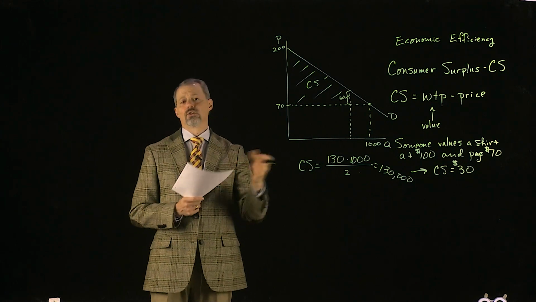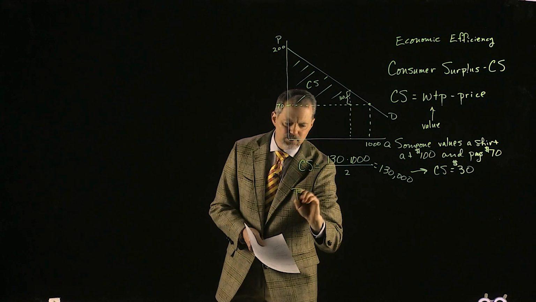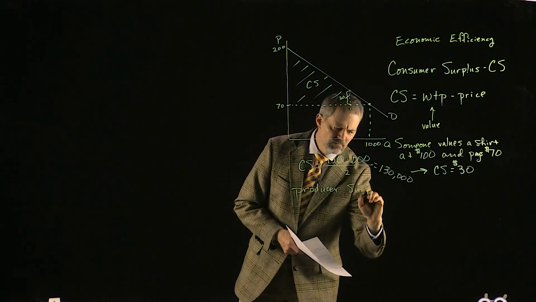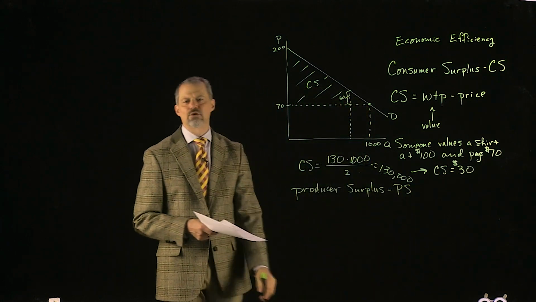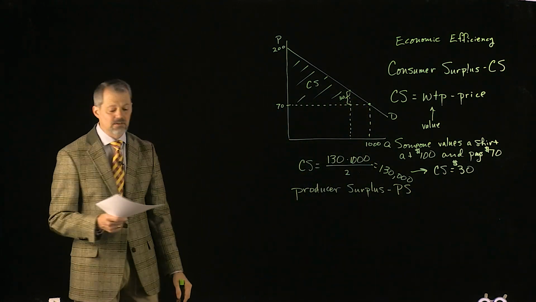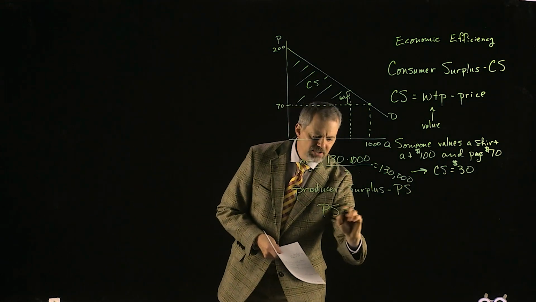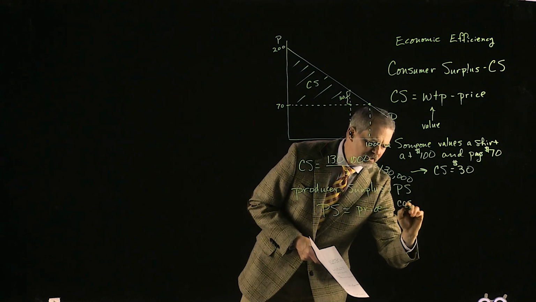That's consumer surplus. We can also think about producer surplus. So producer surplus, which I'm going to abbreviate PS, is our measure of the well-being of sellers. And producer surplus is just the price minus the cost of production.